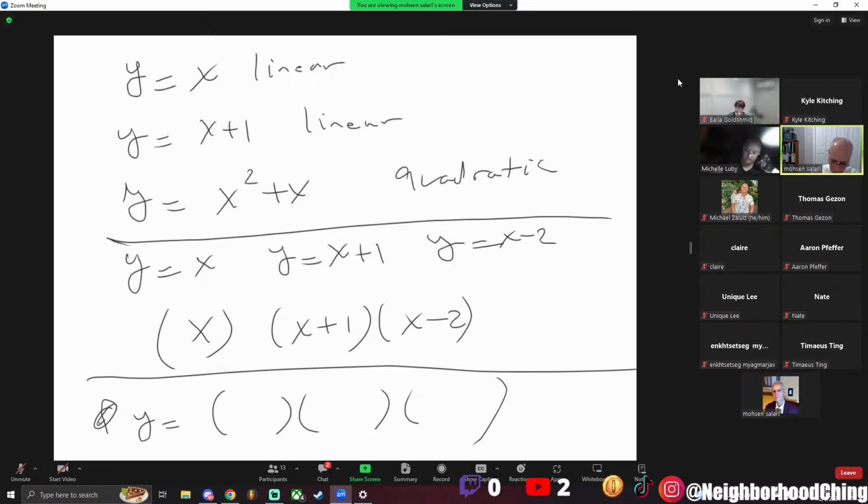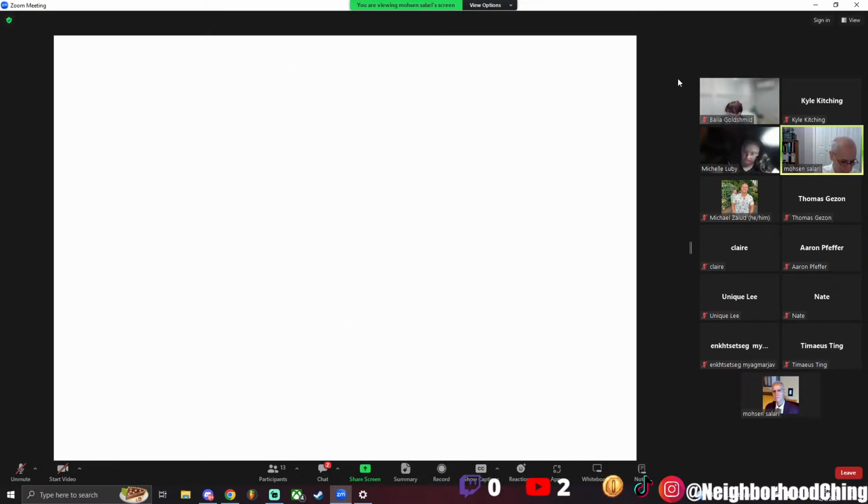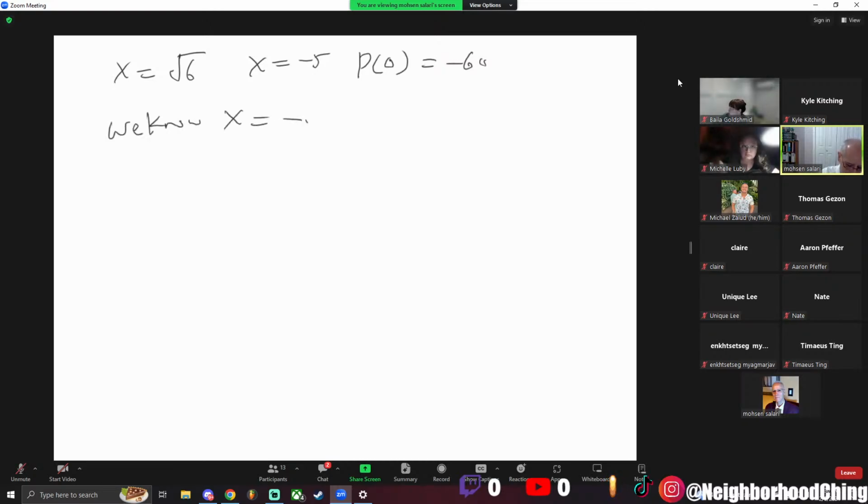So the information that we had was x equals root 6, x equals -5, and p of 0 equals -60. So we know that x equals negative root 6 is also there.